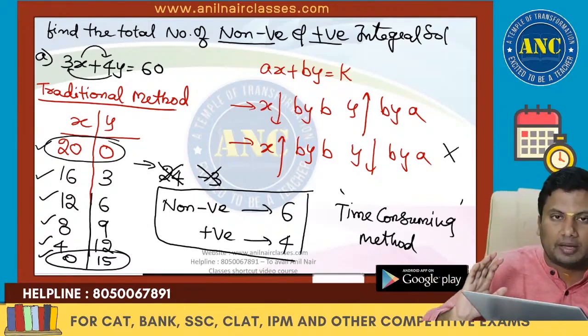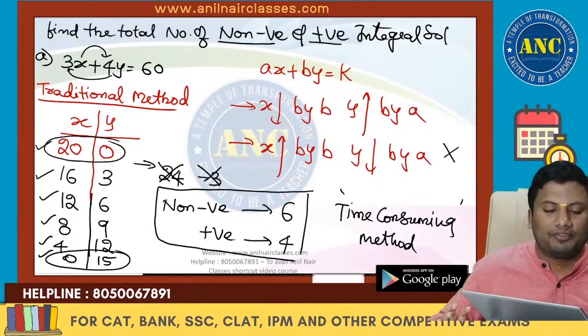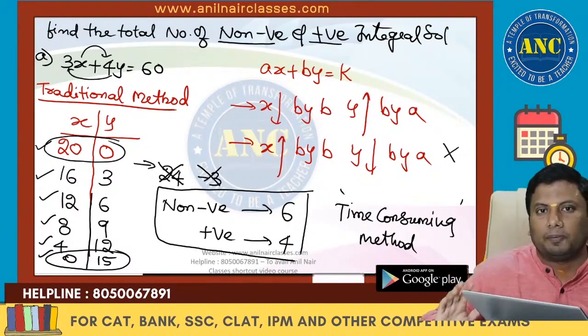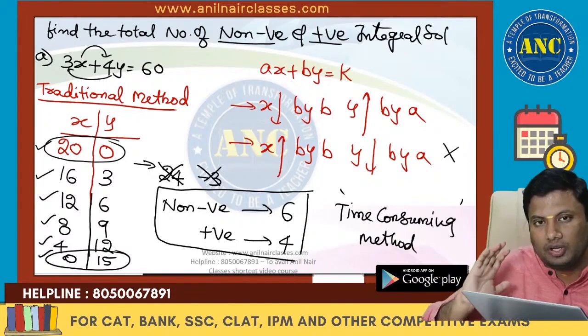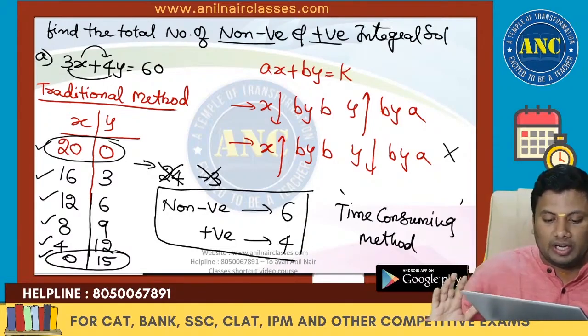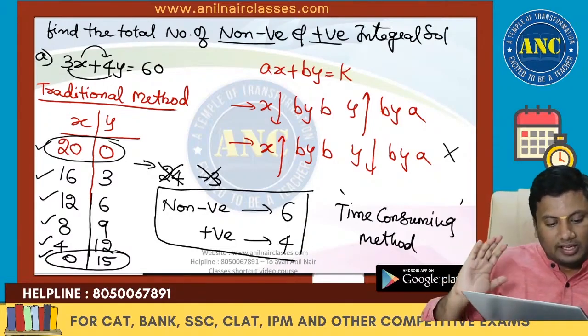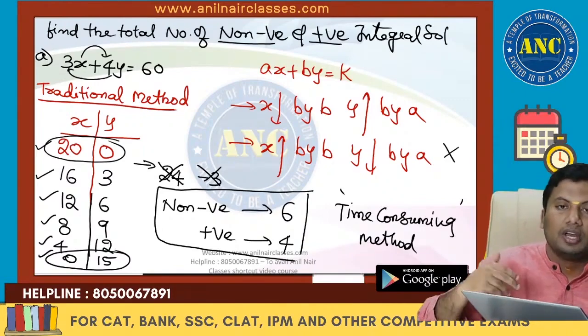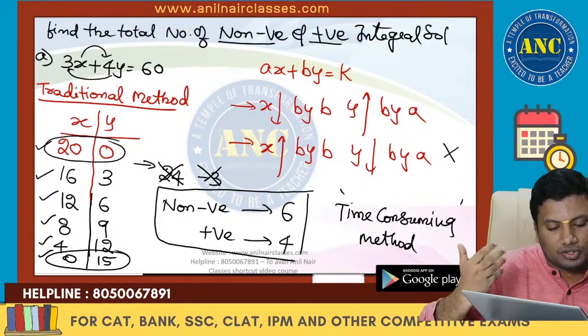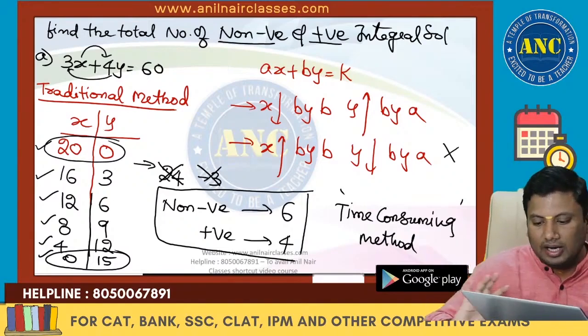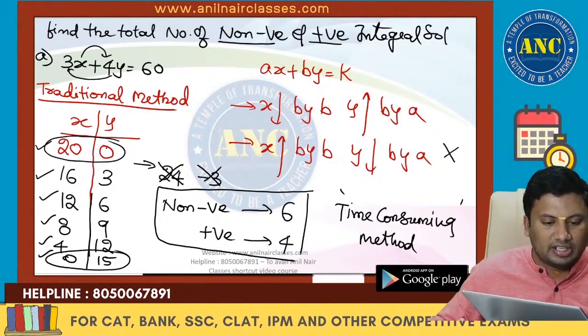We will respect the past, but we will create our own future. We will respect what our parents are saying, but we will also equally respect what we are passionate about in our life. You can also start with x value 0, you will end with y value 0. This is a traditional method.